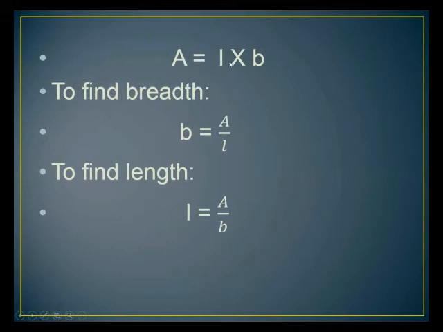Because it's a rule that the required quantity should be kept on one side, and we shift the other quantities to the other side. So here we have to find the breadth, so we don't shift the breadth, we just shift the length.